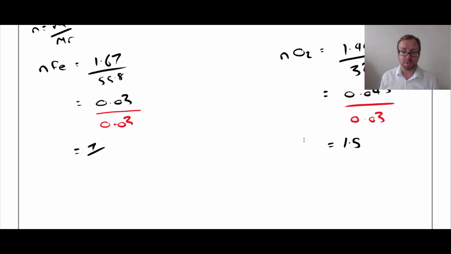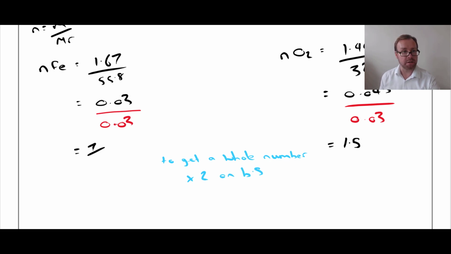I know if I times 2 here I'm going to get 3, and times 2 here I'm going to get 2. So to get a whole number, times by 2 on both sides.